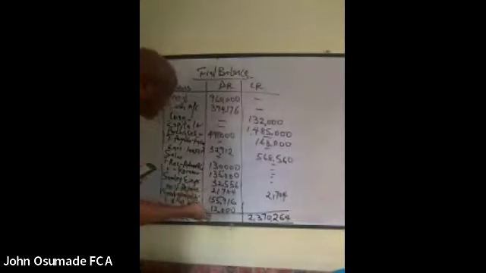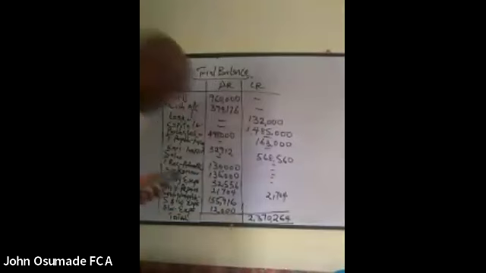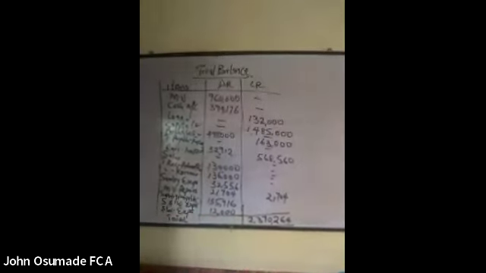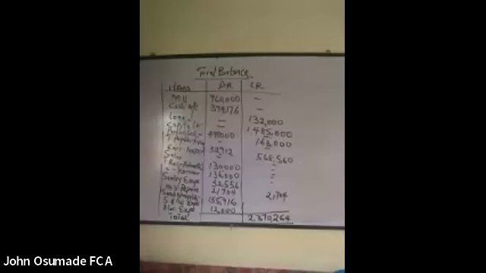Now start minusing the debit side from this amount. The figures on the debit side, start subtracting them from the total that you got, to confirm if you are correct.